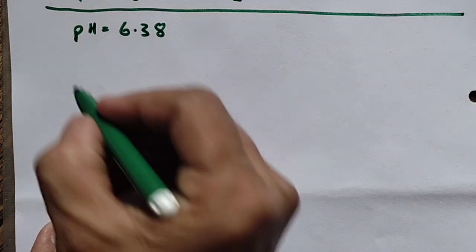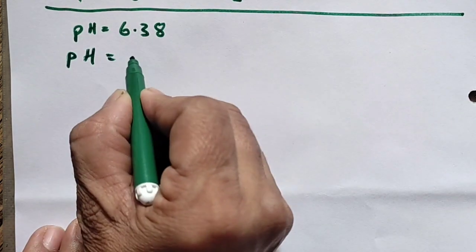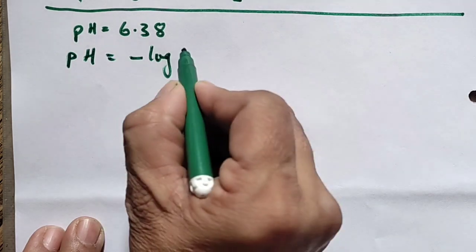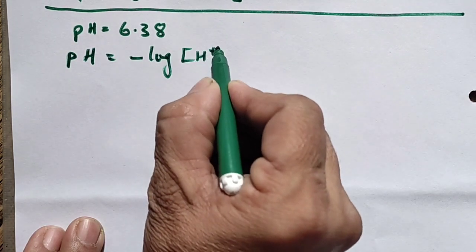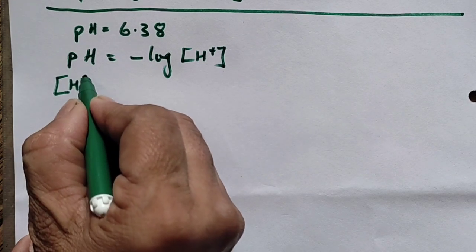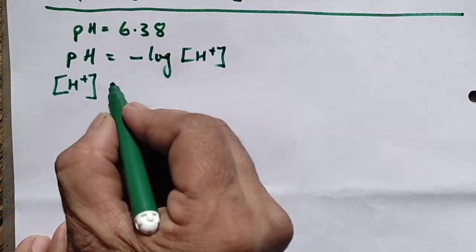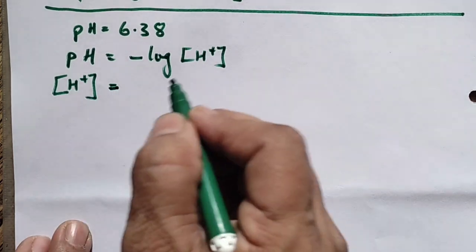First, let us take the pH formula. pH is equal to minus log of hydrogen ion concentration. So when you are asked to calculate hydrogen ion concentration, the other side will be 1 by log, that becomes anti-log, and the negative I also take to the other side.